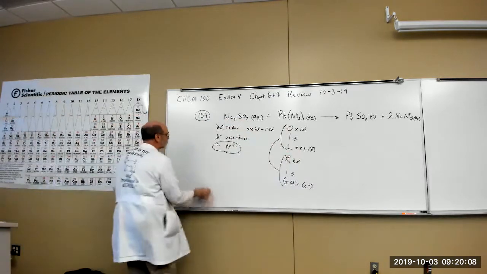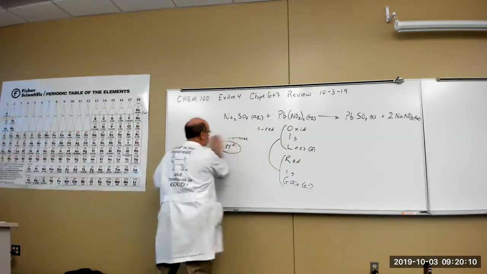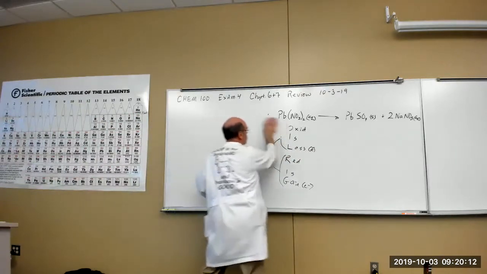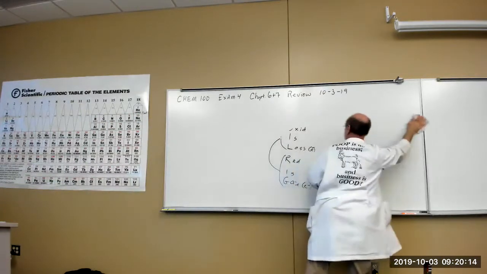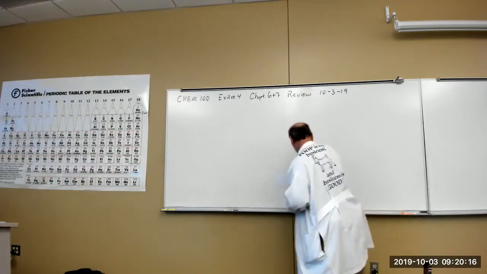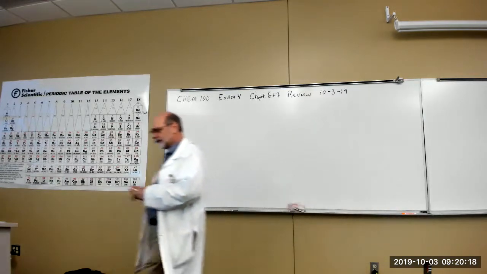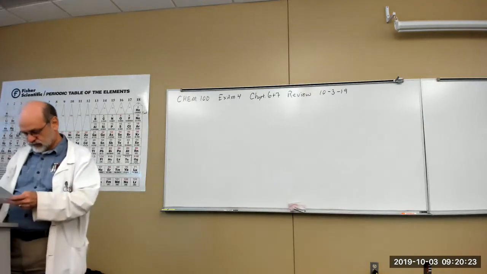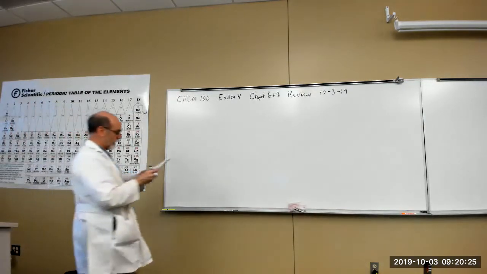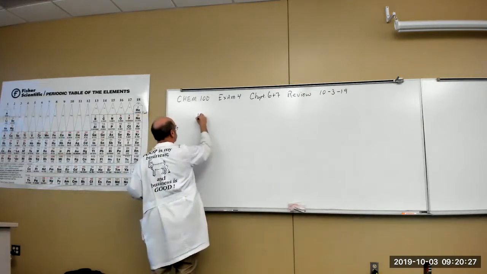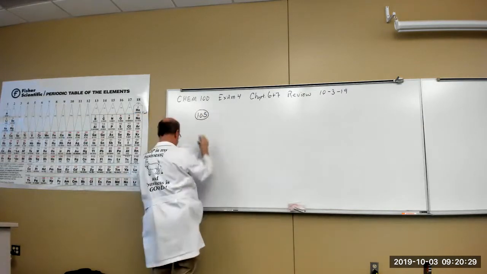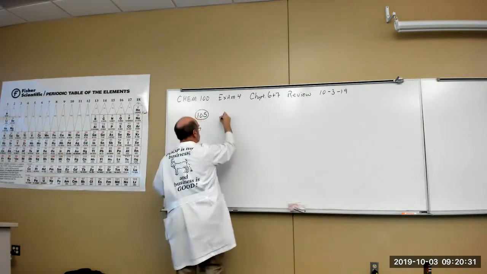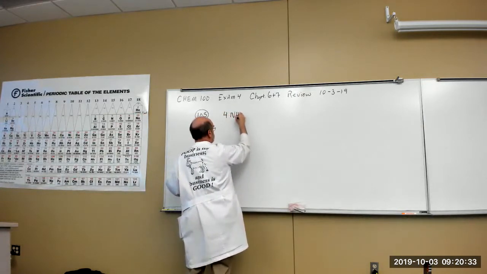Okay. So let's see if I can find one we haven't touched on yet. Oh, 105. Let's do that one. So here's our equation. We got ammonia gas.